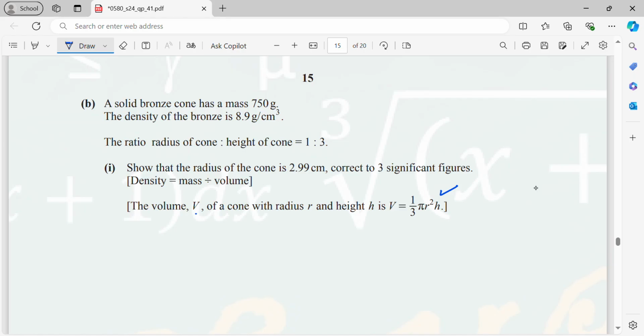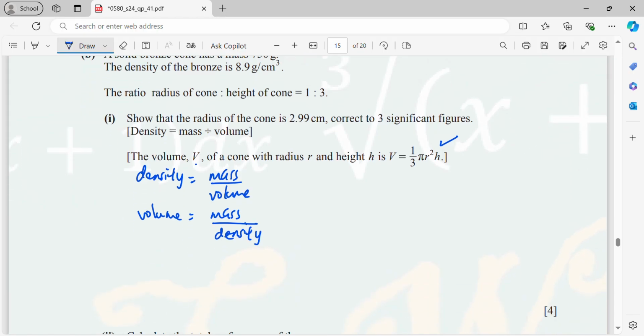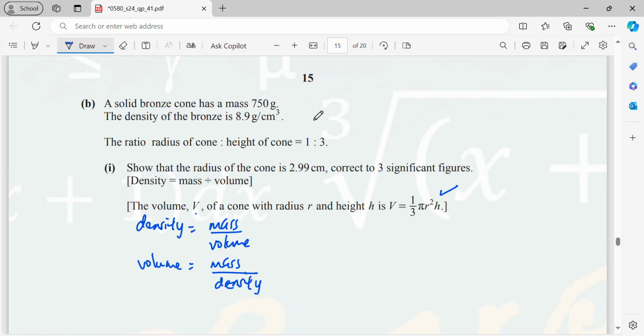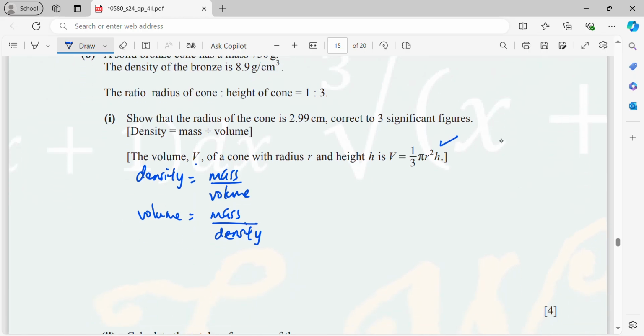So now density equals to mass over volume. So now my volume is mass over density. Okay, so then volume is given, right? Volume is not given. A volume is given the formula, which is 1 over 3 pi r square.